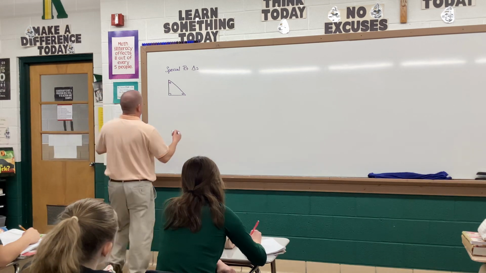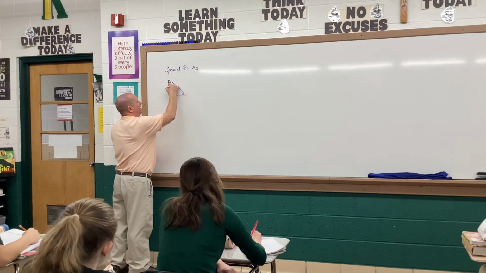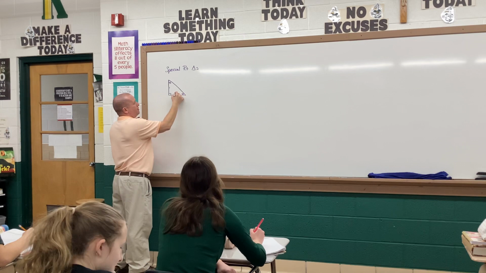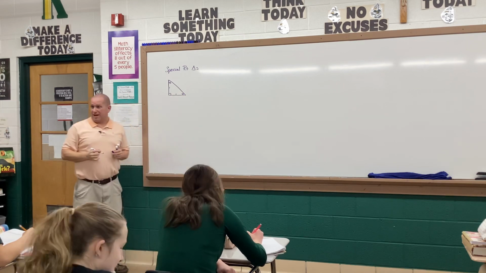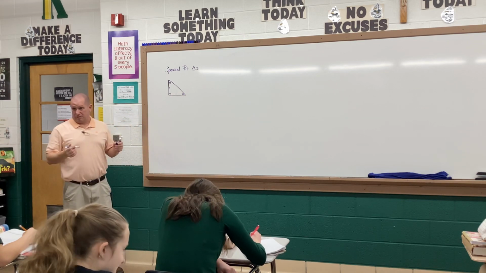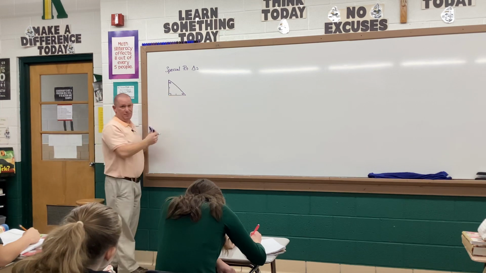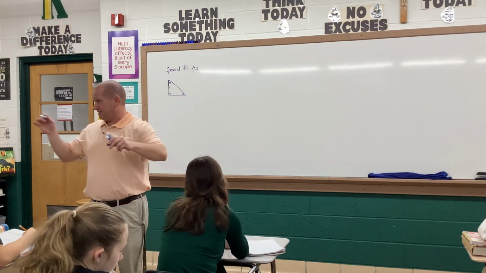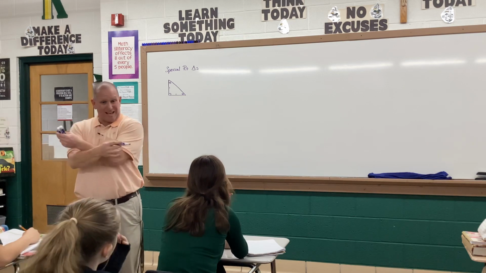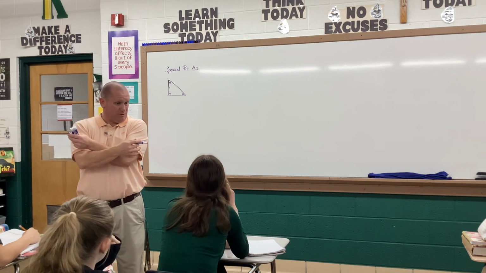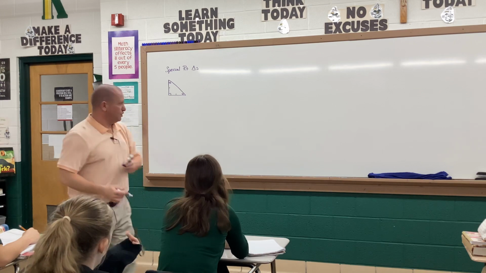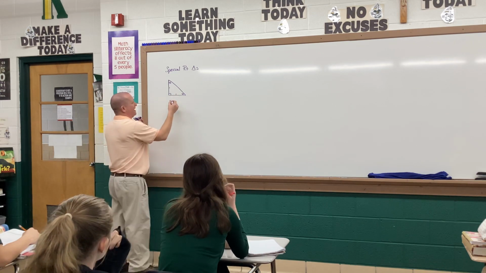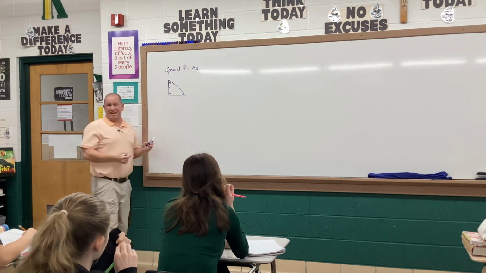So if I told you that this side right over here had a ratio of 1, then automatically we'd have to have another 1 down here, right? Because they're the same length. I don't care what the lengths are, I just know that they're the same. Because they told me that the angles were the same, the sides opposite of them have to be the same too. That makes sense?